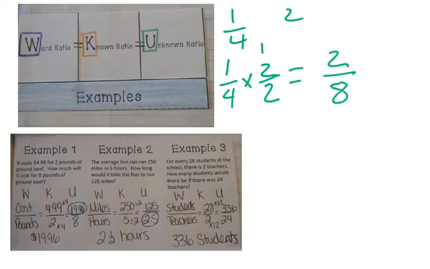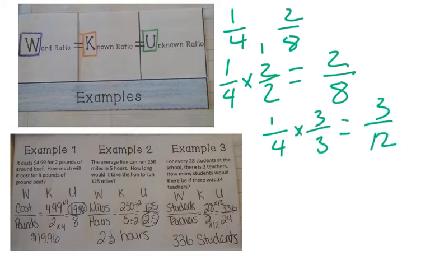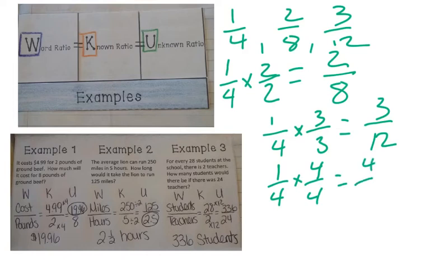So 1/4 is also equal to 2/8, and then I would say times 3/3, and I could get 3/12. So 1/4, 2/8, 3/12. I could also take 1/4, multiply that by 4/4, and I'm going to get 4/16. So all of those ratios are equivalent.